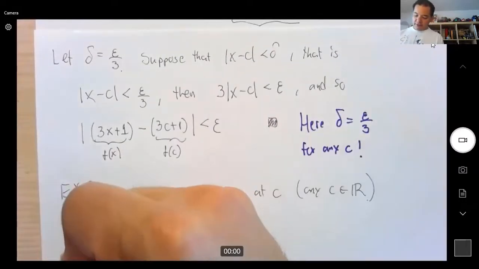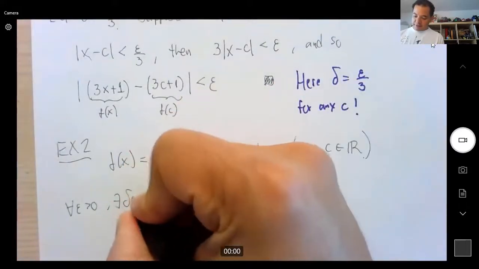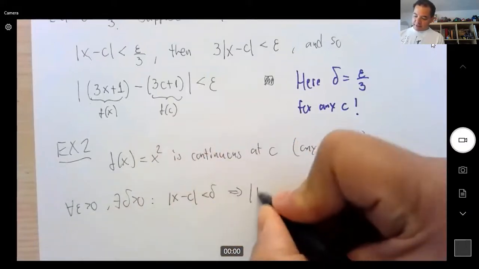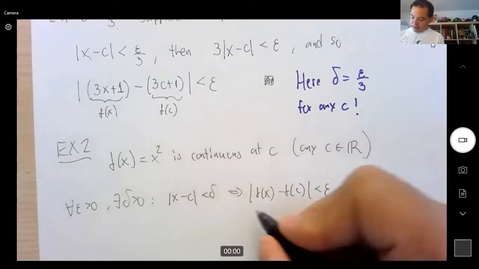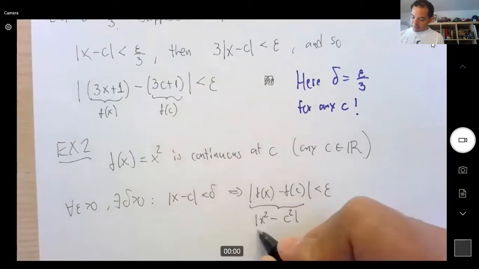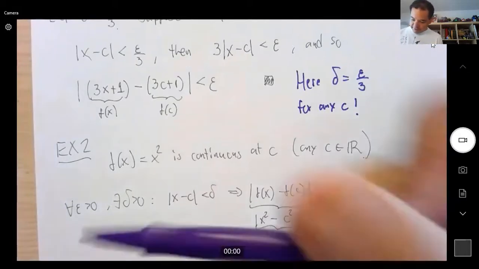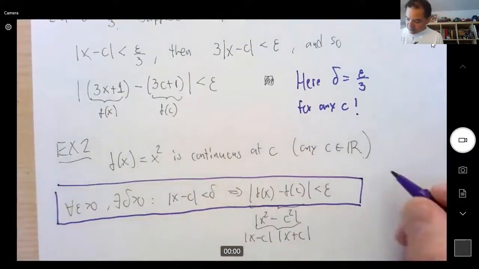So we want for every epsilon greater than 0, there exists some delta such that if |x minus c| is less than delta, then |f of x minus f of c| is less than epsilon. And here, this is actually |x squared minus c squared|, which you can factor as |x minus c| times |x plus c|. Right, so this is what we want. Need this.